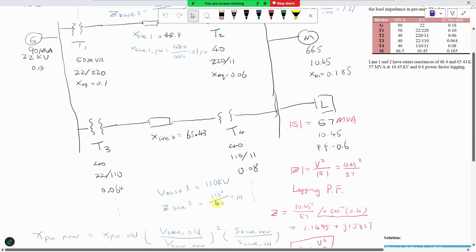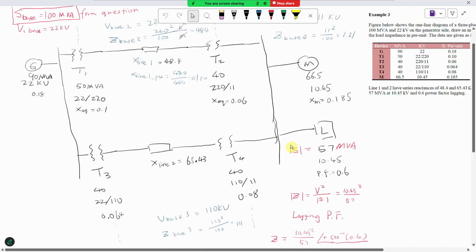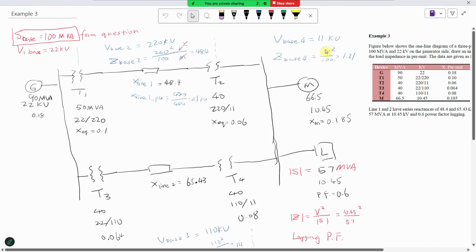Same thing happens here. Because they're the same bus, it has to be exactly the same. So 110 kV, 10 times smaller, that's 11 kV. Then we can calculate the base for this region. And this X_M, that reactance, is given in the per unit system. We don't use this way to calculate a new per unit system.